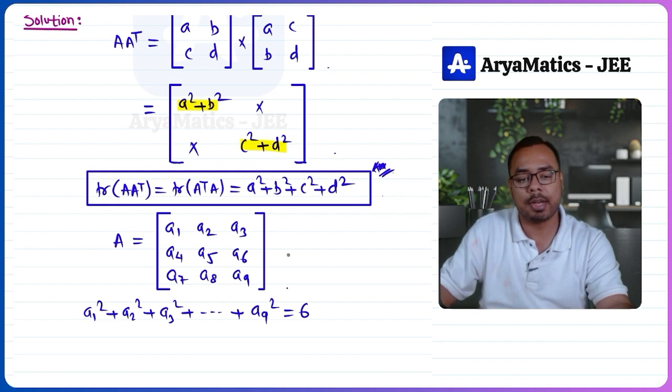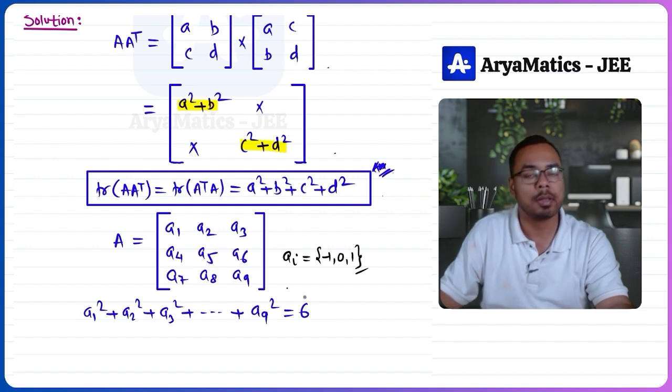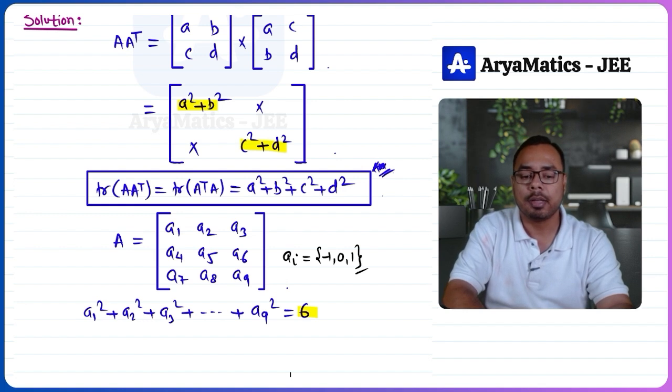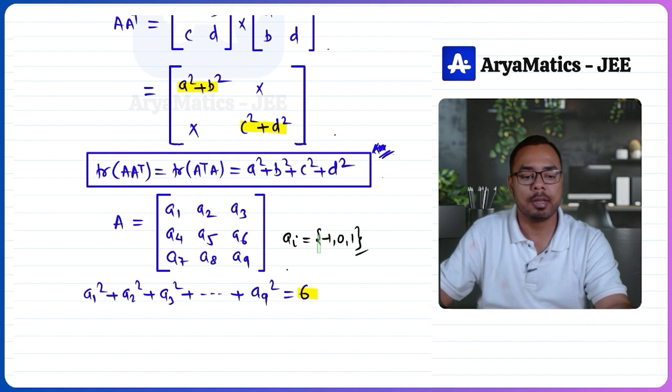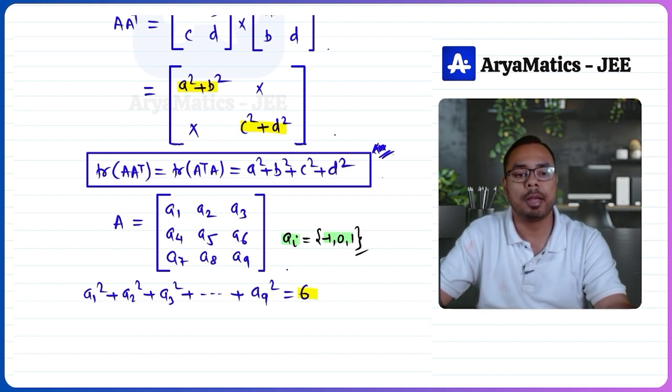And it is given that the different elements of this set are either -1 or 0 or +1. So now we have total 9 variables, A1, A2, A3 up to A9. Sum of their square is 6, and each variable can take only these three values. Either you can take A1 as -1 or 0 or +1. Same thing for A2, A3 up to A9.